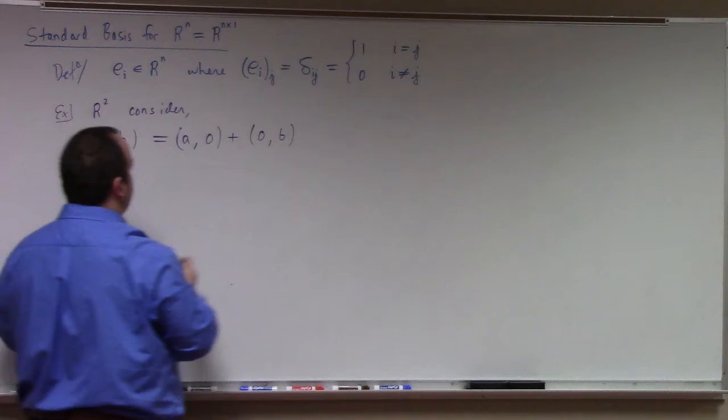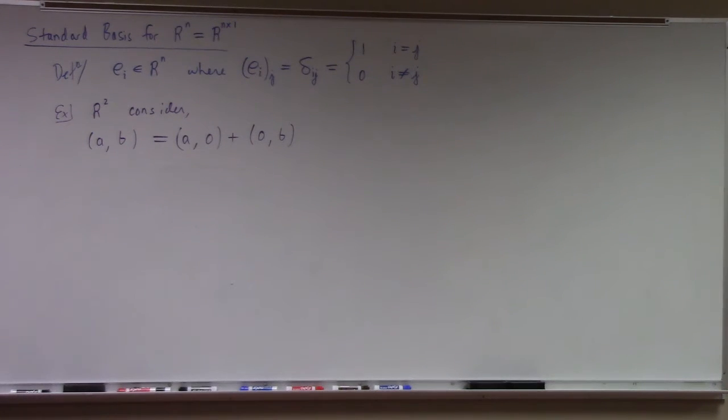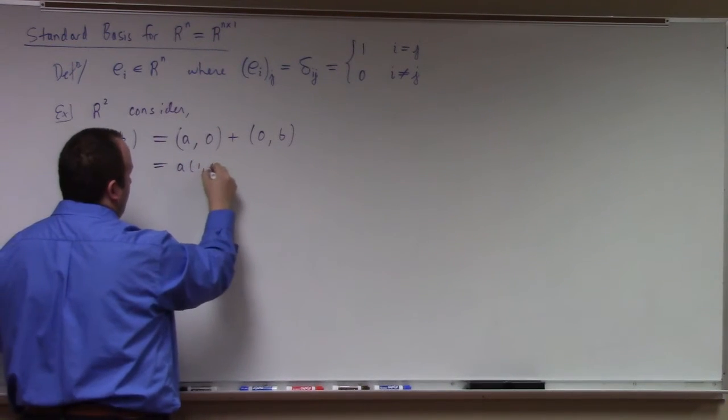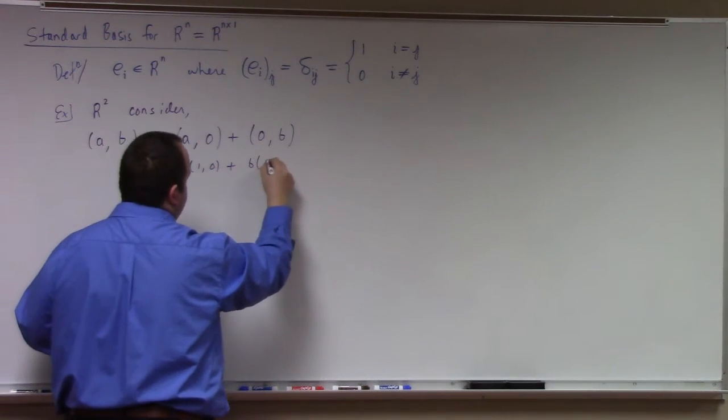Do you guys agree with that? If you add the vectors on the right-hand side, you get the vector on the left-hand side, right? Because we do addition component-wise. So a plus 0 is a, 0 plus b is b, it matches, yay. And then by definition of scalar multiplication, I can pull the a out, and I can pull the b out.